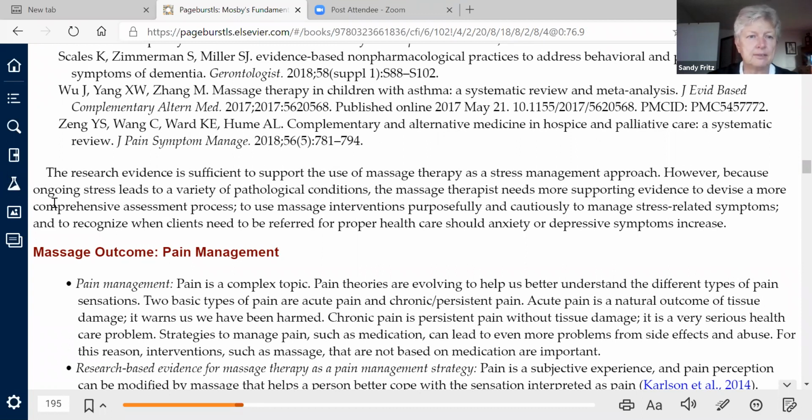However, because ongoing stress leads to a variety of pathological conditions, the massage therapist needs more supporting evidence to devise a more comprehensive assessment process, to use massage interventions purposefully and cautiously to manage stress-related symptoms, and to recognize when clients need to be referred for proper health care and or medical diagnosis should the anxiety or depressive symptoms increase.